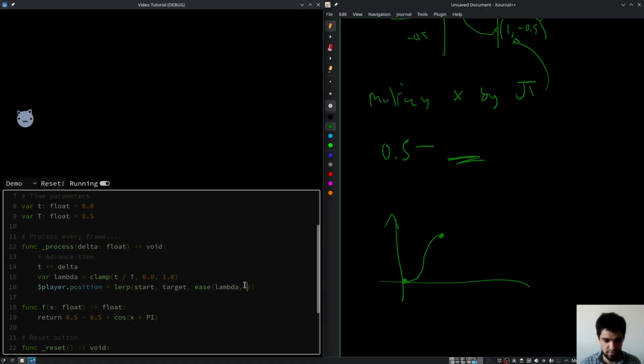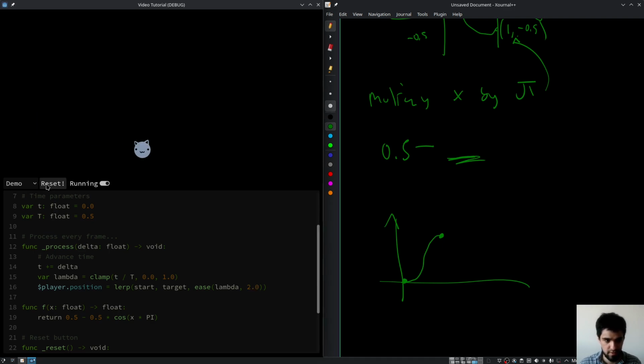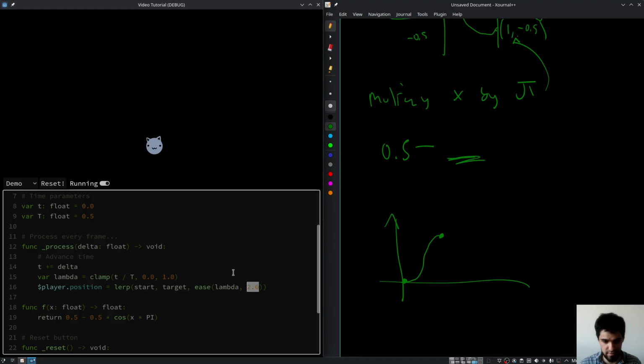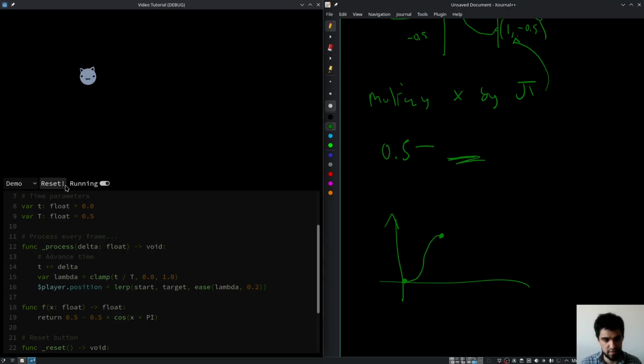And when it's instead bigger than 1, such as 2, then it's, actually no, this is the ease out, right? Whereas if it's like 0.2, it starts fast and then slows down. So this is an ease in.